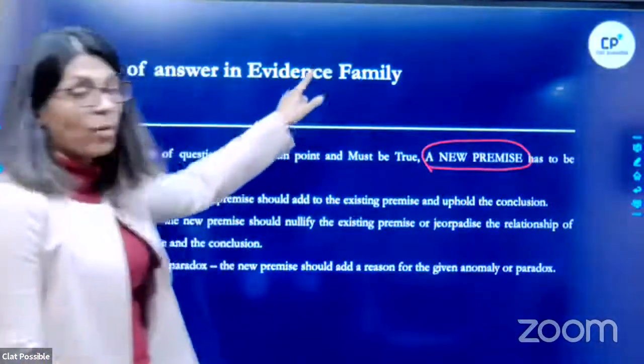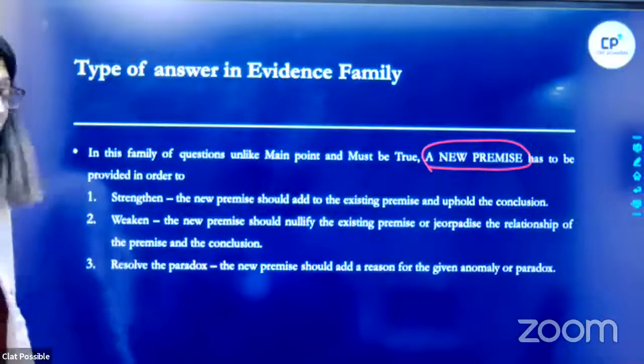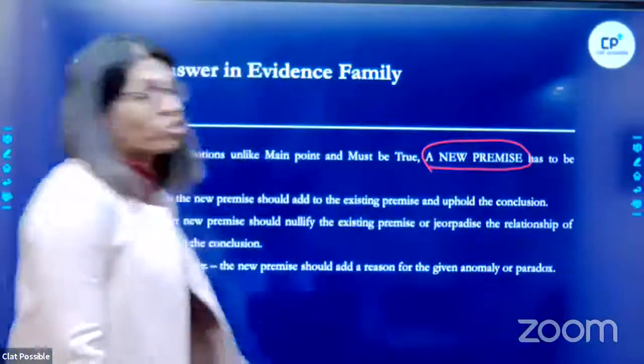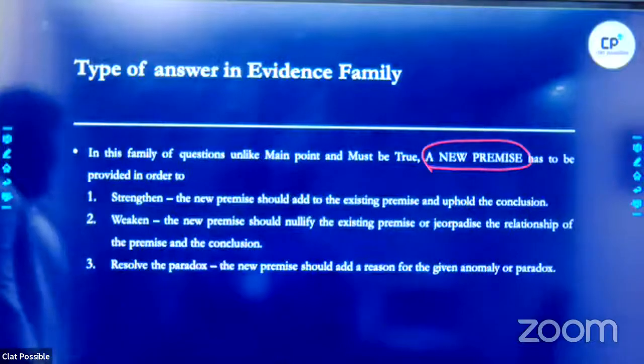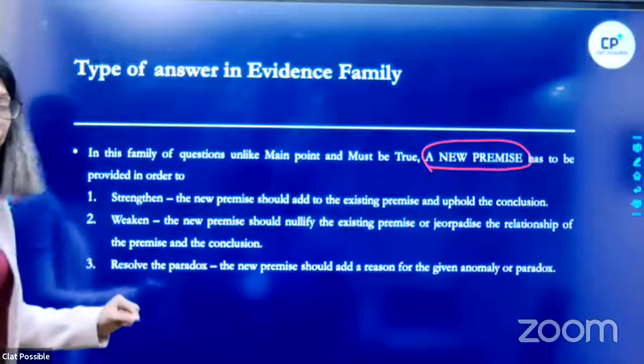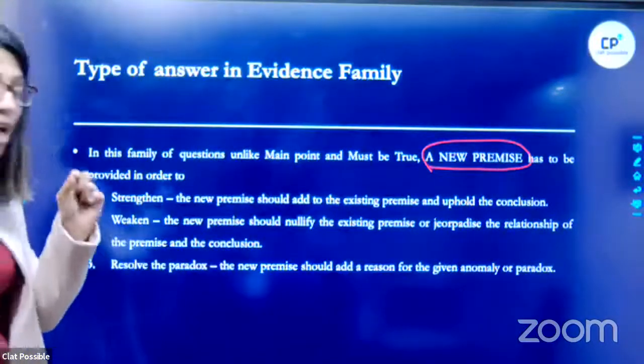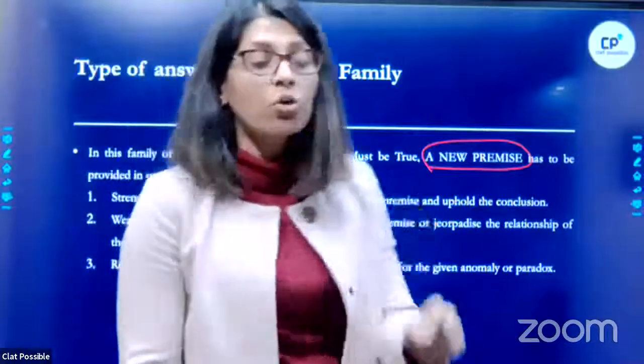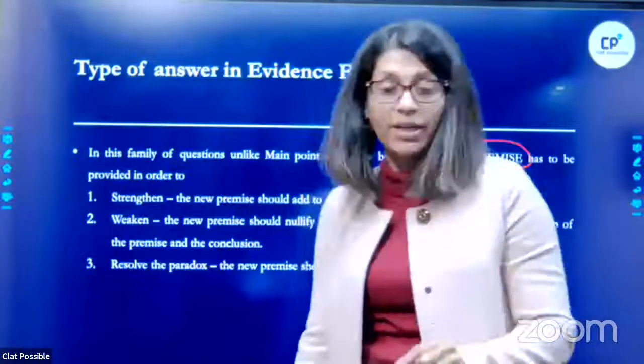In evidence family questions, that is why they are different from main point, a new premise has to be given. I hope I've made myself clear. In main point questions, no new information has to be given. Only the conclusion has to be focused on. If the conclusion is not written, you have to deduce it.